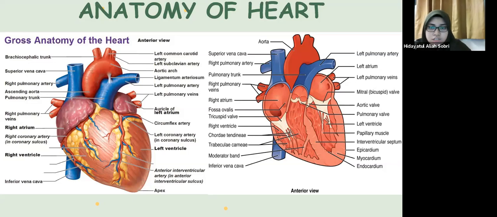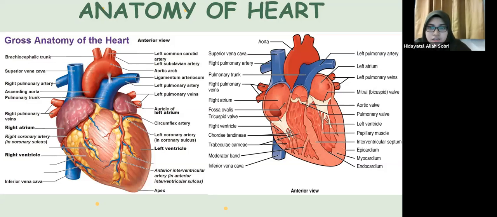Between the right and left atrium, and between the right and left ventricle, they are separated by the septum, which consists of two parts: the membranous part and the muscular part. The membranous part is the thin one, and the muscular part is the thick one.